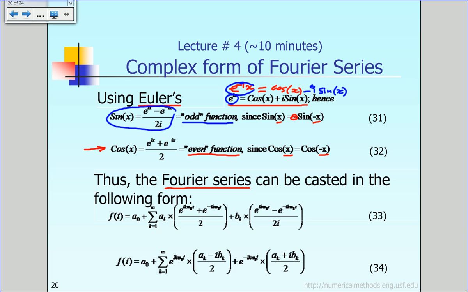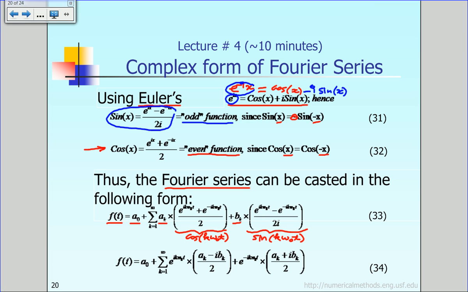If you recall from the previous lecture, any periodic function f of t is equal to a constant a naught plus summation of a constant ak times cosine of k omega naught t plus bk times sine of k omega naught t.